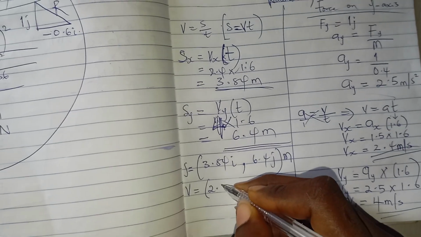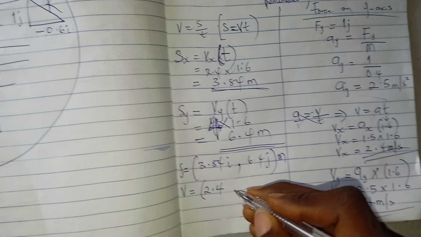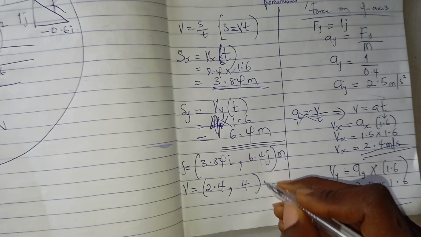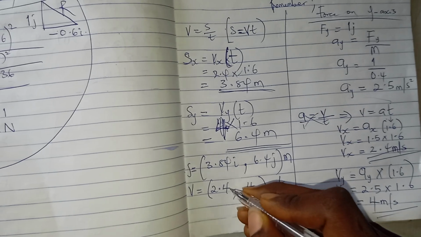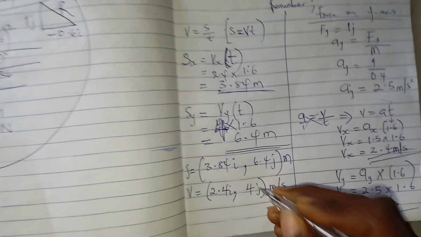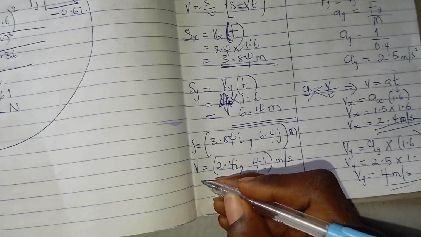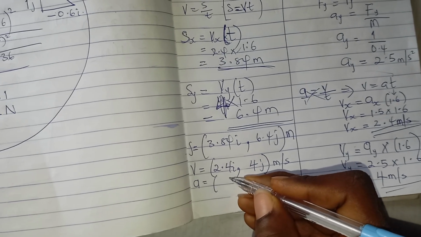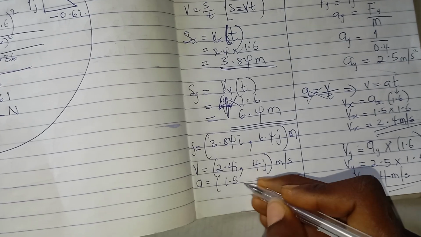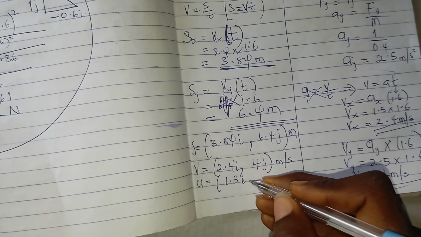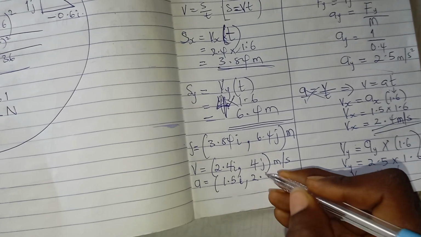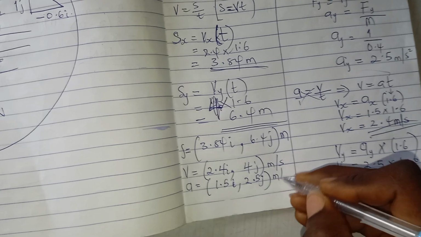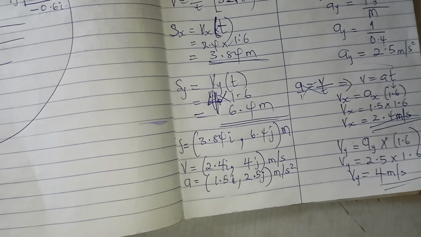We normally write the x-axis first. Then the acceleration, A, is equal to 1.5 i, 2.5 j meters per second squared.